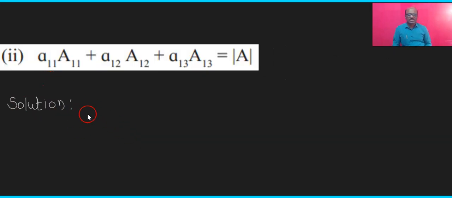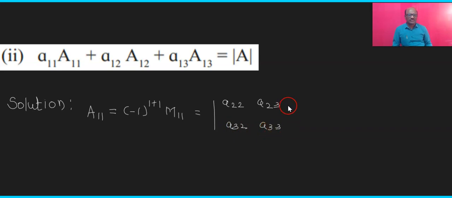Now the next is A11, that is equal to minus 1 raised to 1 plus 1. Here is M11, and M11 means what? Here is a22, a23 and last is a32 and a33, and its evaluation is that.